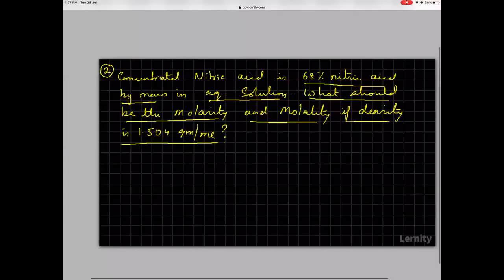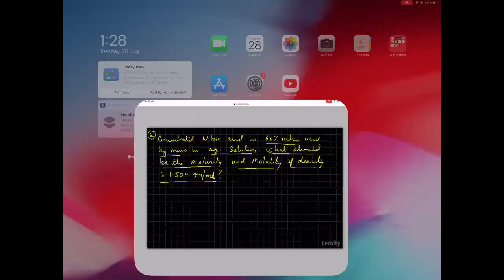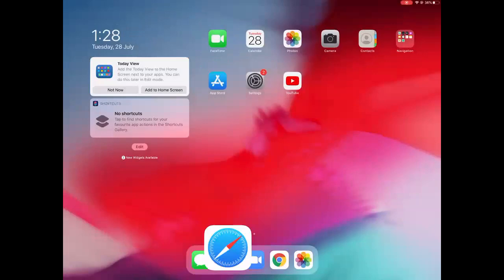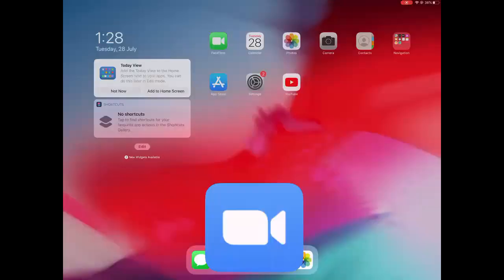Concentrated nitric acid is 68% nitric acid by mass in aqueous solution. What should be the molarity and molality if density is 1.504 gram per ml? Molarity, and that's the solute.